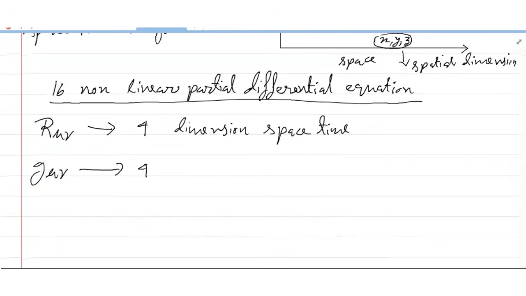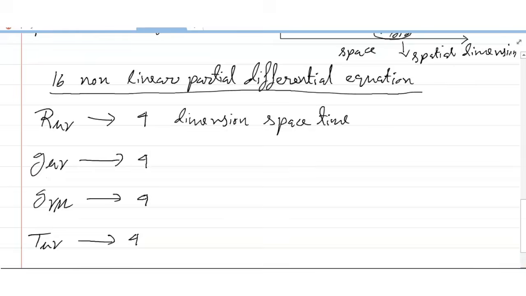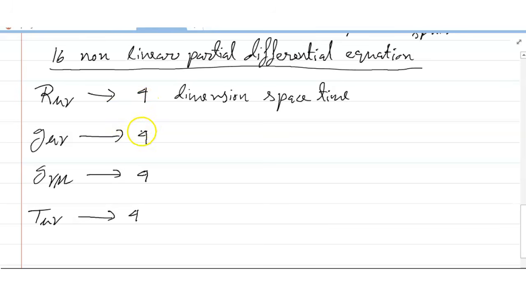Another is G nu, that is also 4 dimensions, and T mu, this is also 4 dimensions. So friends, whatever you see, 4 plus 4 is 8, plus 12 is 16.